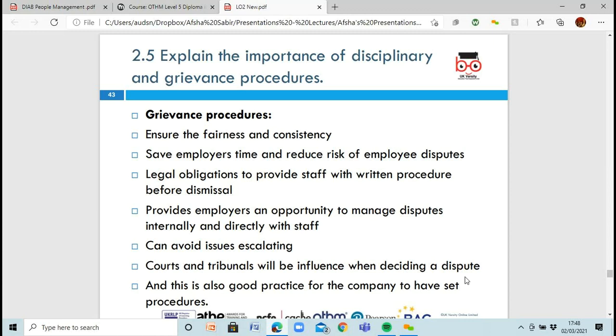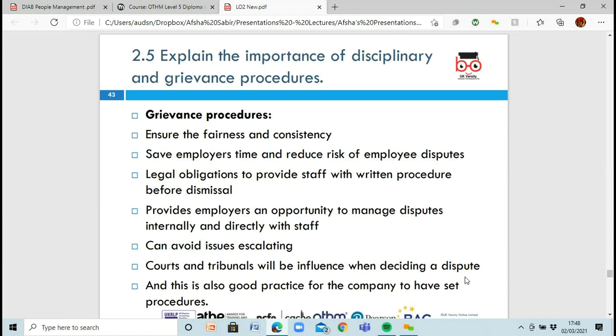You're able to provide staff with written procedures before dismissal, so you're not having to face any libel or any court unnecessarily. You can provide your employees an opportunity to manage disputes.